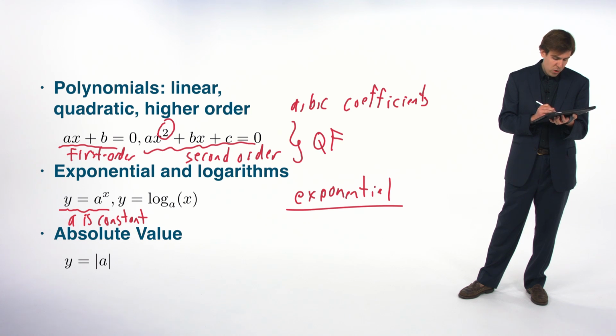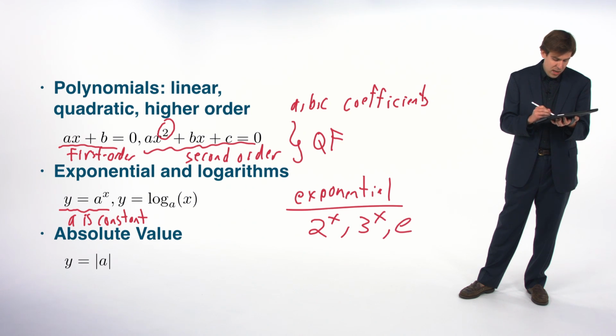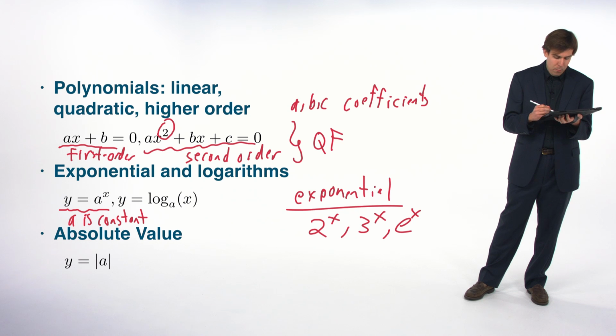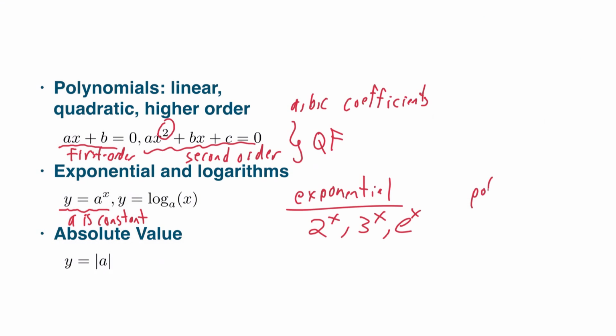So an exponential function could be something like 2 to the x, 3 to the x, something called e to the x is another famous example, versus polynomials don't have the variable in the exponent. These are things like x cubed, x squared, x to the 100. So they actually look quite different and have very different behaviors.